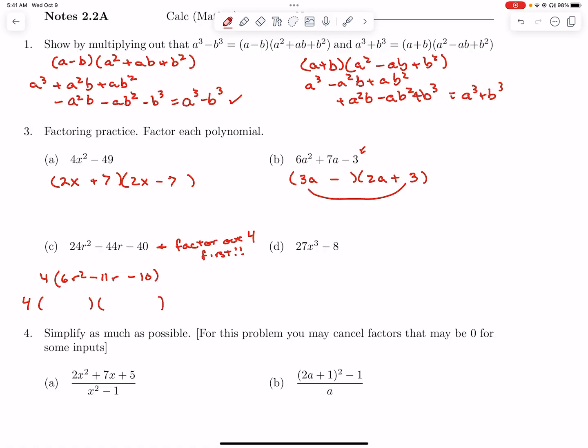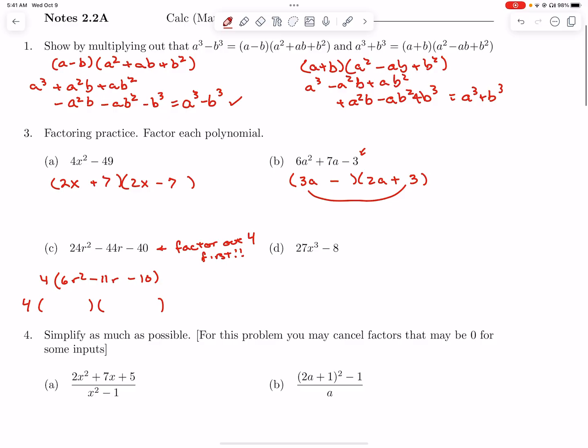And then also, I usually try 2 and 3 first. The 2's cannot go together, so let's try 2 and 5 this way. You look at the beginning, then you look at the end, and then you try and see if you can make things come out to the middle.